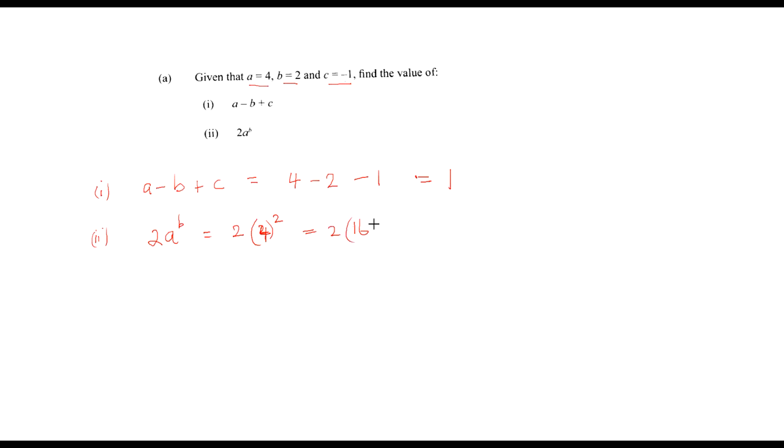So this is 2 multiplied by 16, which gives us 32. So A was 4 and B is 2. So 4 squared is 16, and 16 by 2 will give me 32. So that is part A.